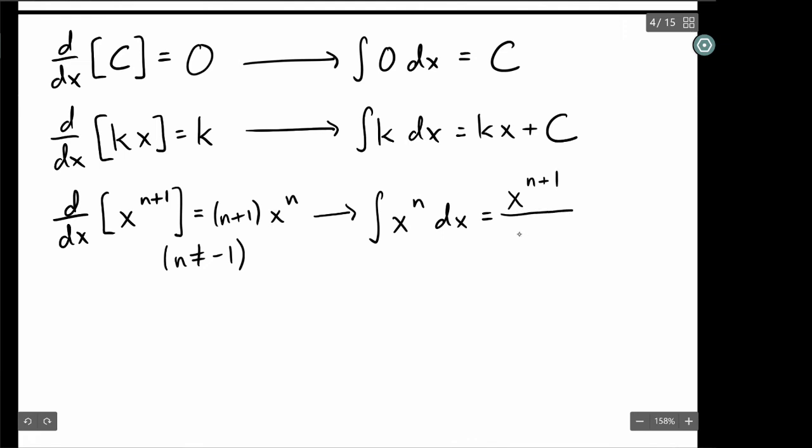And then we're going to end up dividing by the new power, plus c. And this should kind of make sense, right? When we do the derivative, we multiply by the old power, and then we subtract 1. For an integral, we're going to do the opposite of both of those things. We're going to add 1 to the power, and we're going to divide by the new power.